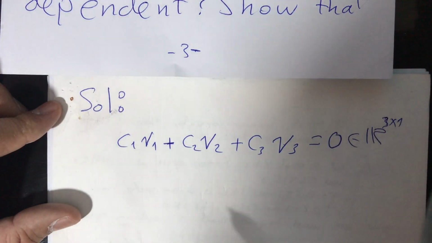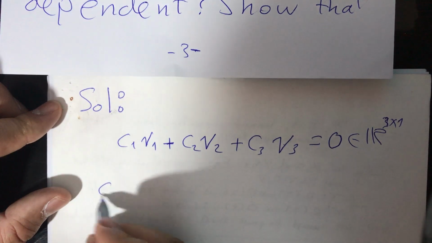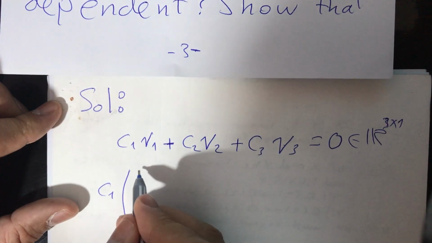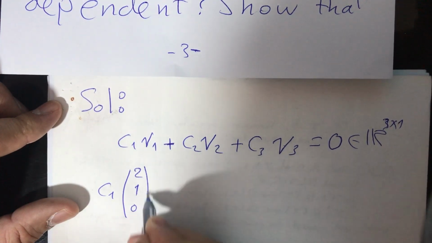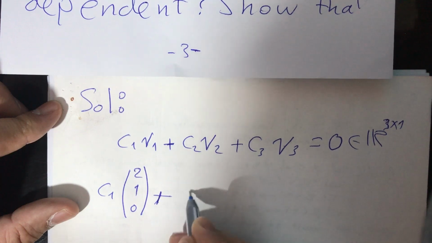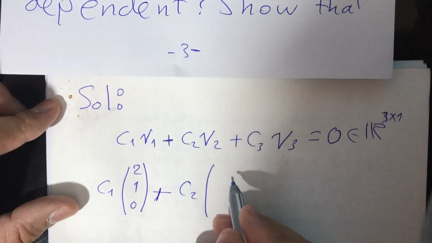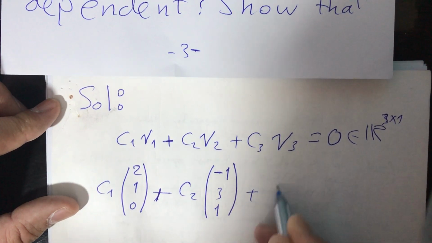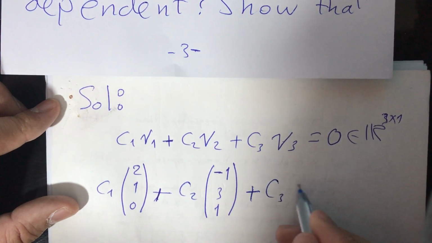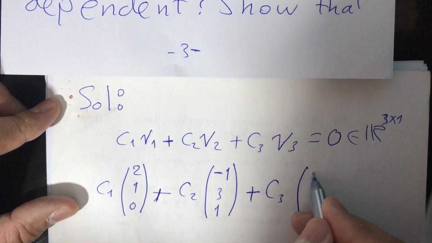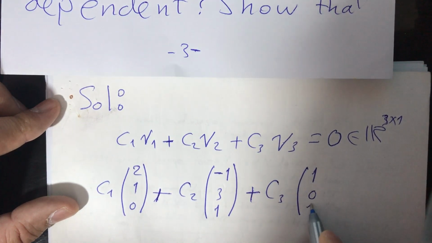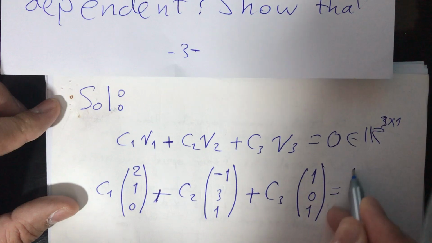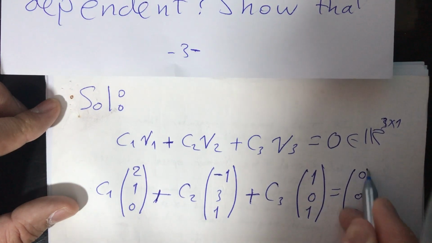Now we substitute: c1 times v1 (2, 1, 0) plus c2 times v2 (-1, 3, 1) plus c3 times v3 (1, 0, 1) equal to (0, 0, 0).